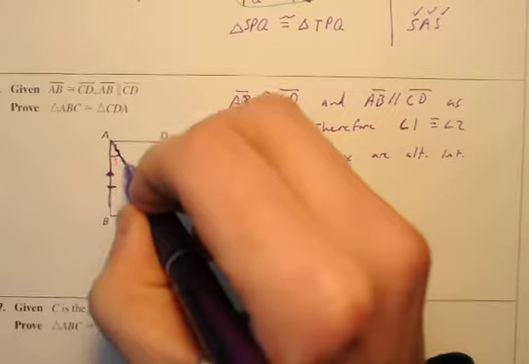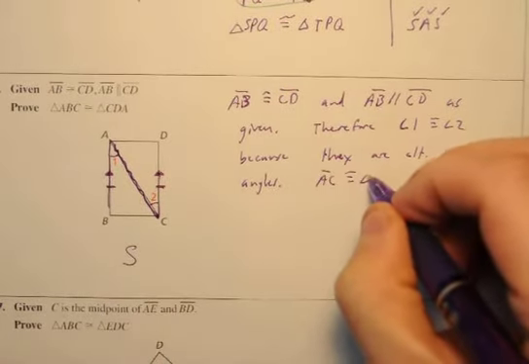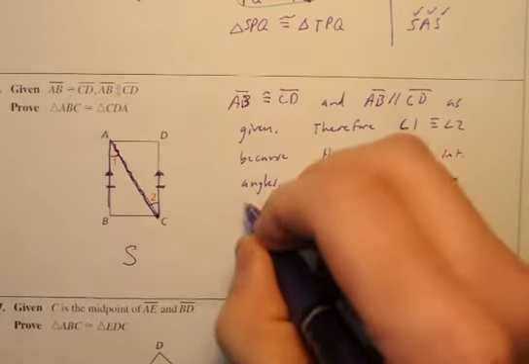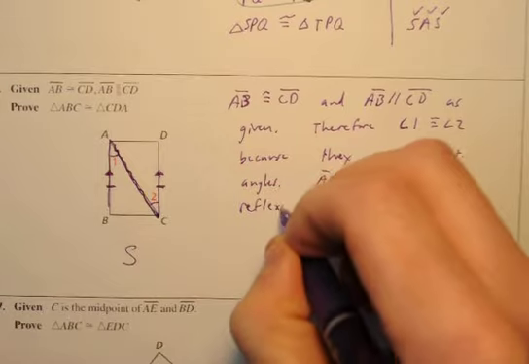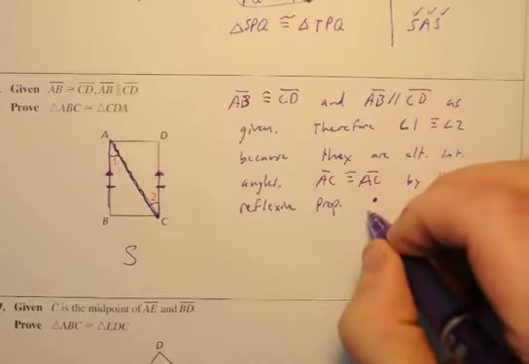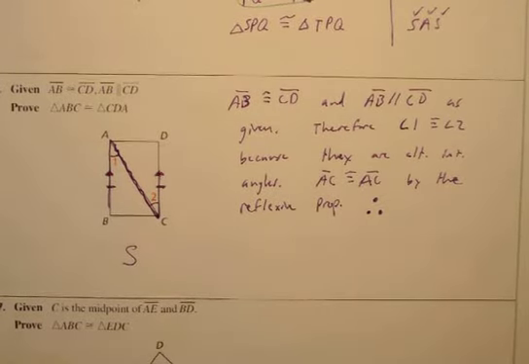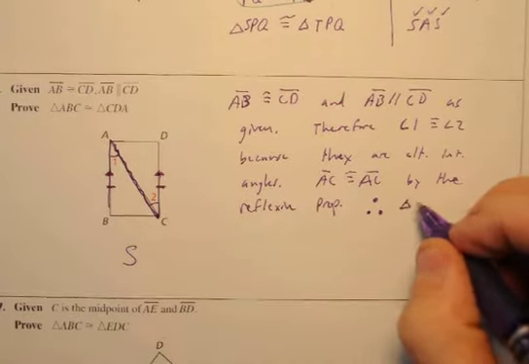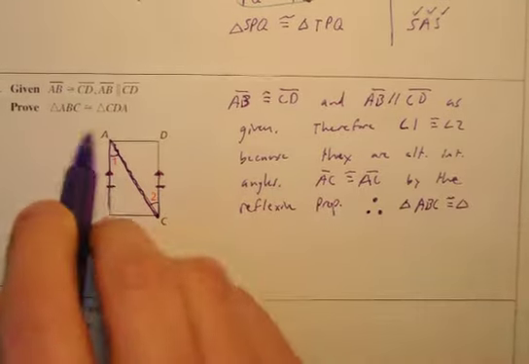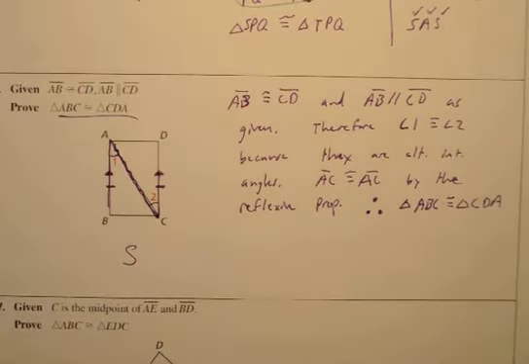And then again, AC is shared by the reflexive property. Therefore, that's the cheating way of writing therefore, so you don't have to write it all out. We can say that triangle ABC is congruent to triangle CDA. You always conclude with what you're trying to prove.